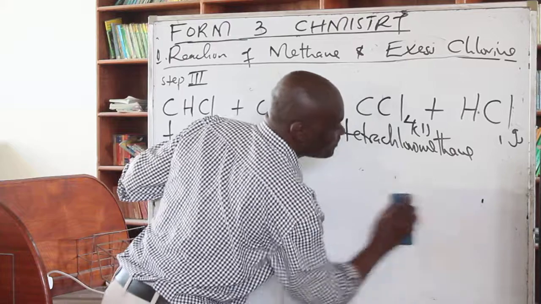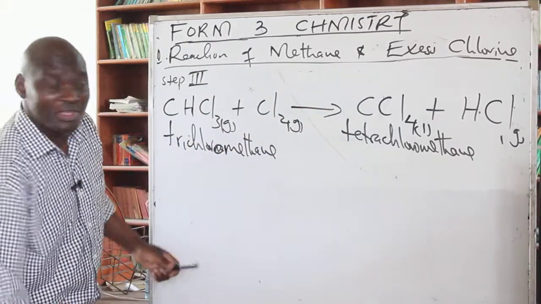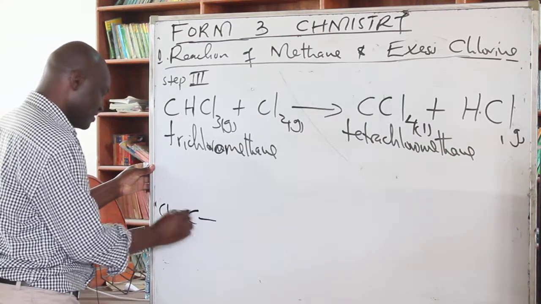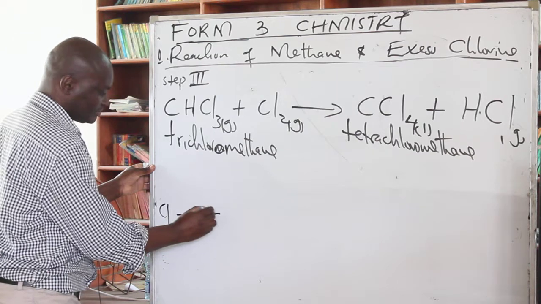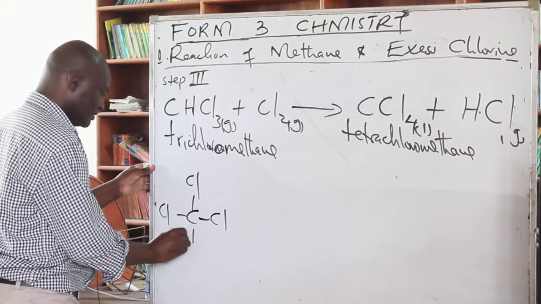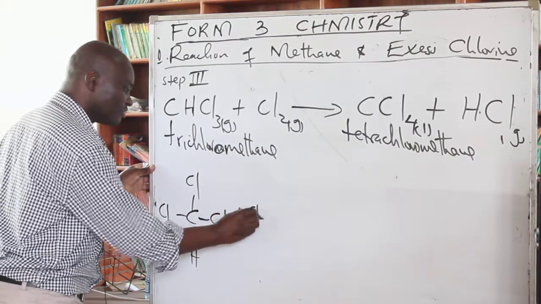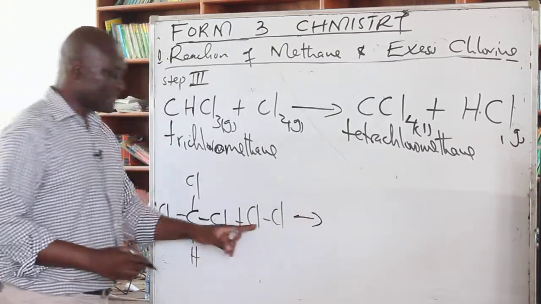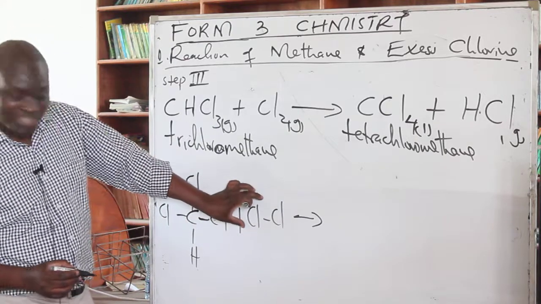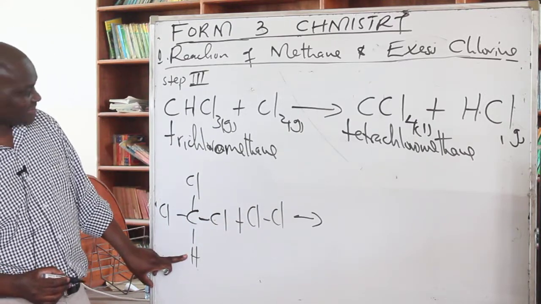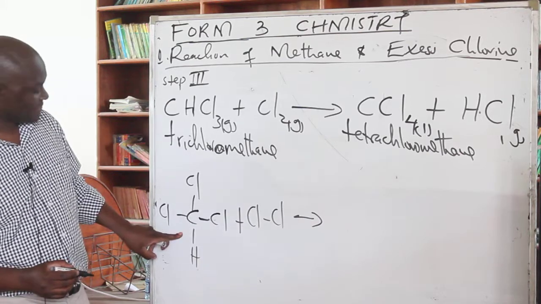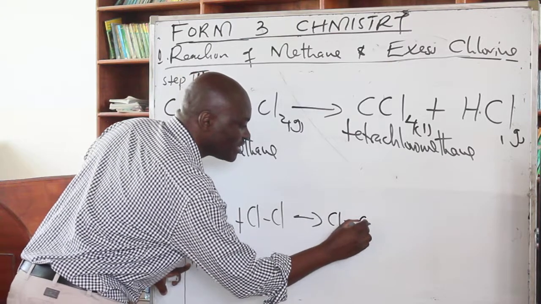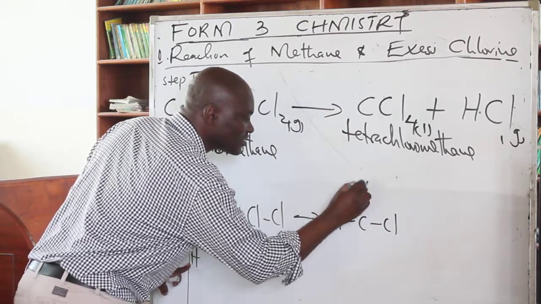Now we move in terms of open structure. We will have trichloromethane reacting with more chlorine. This chlorine atom will come here and displace this hydrogen. So that we'll have chlorine, carbon, chlorine.